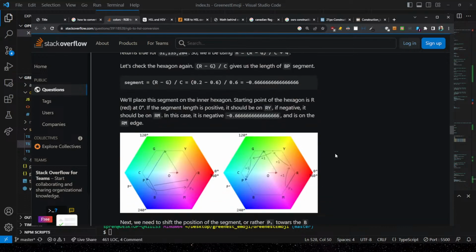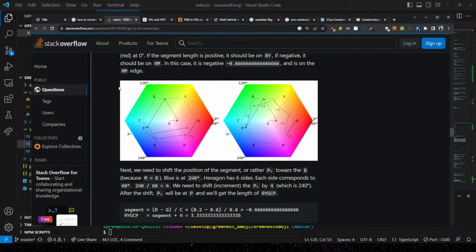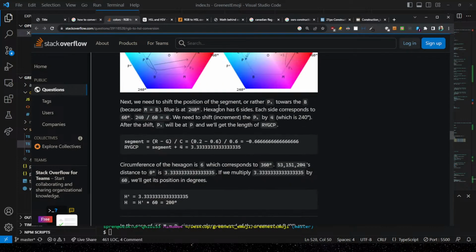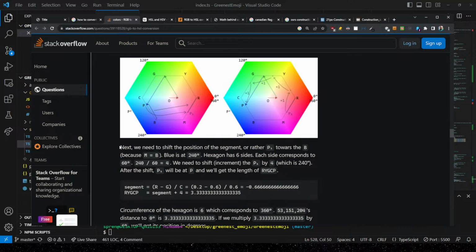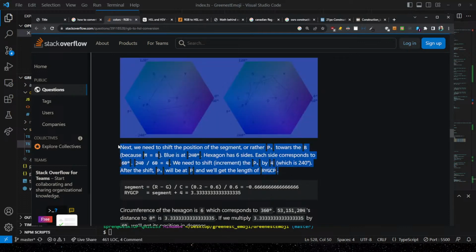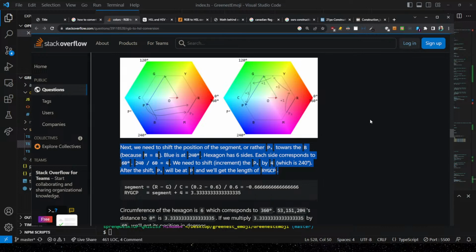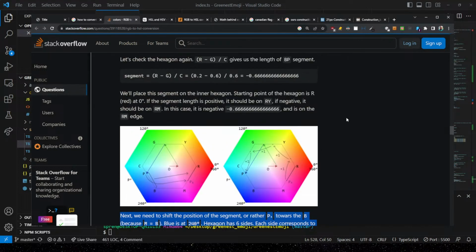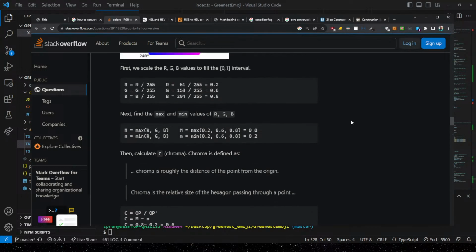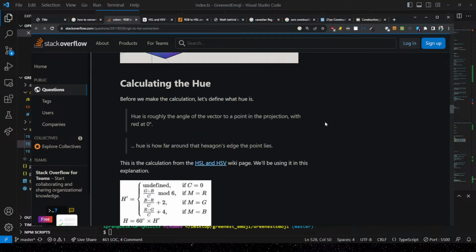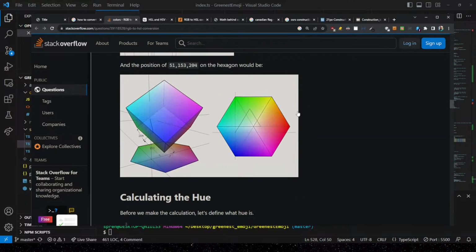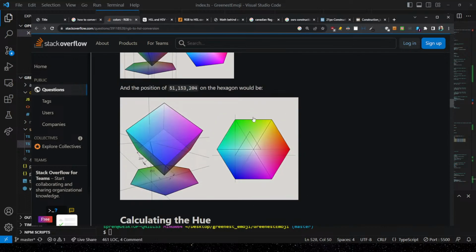Regardless, I'm a little bit annoyed that they sort of just stopped trying to explain right about here. But whatever, it's fine. It doesn't matter. The point is that hue is an angle, and we want the angle that corresponds to green, and that's fine.